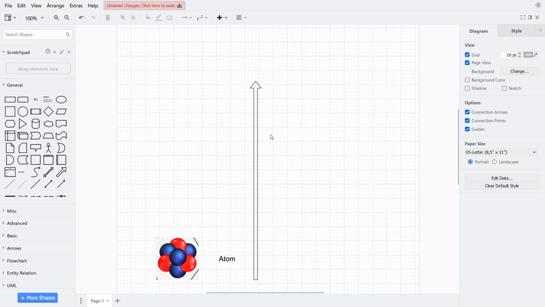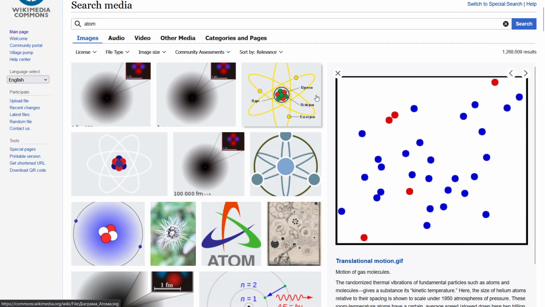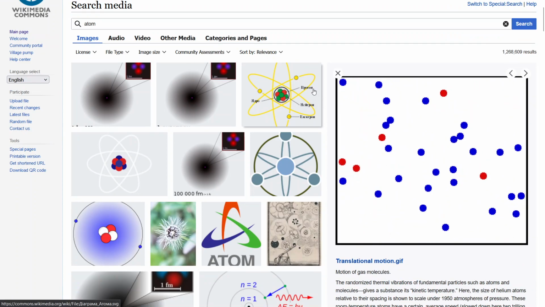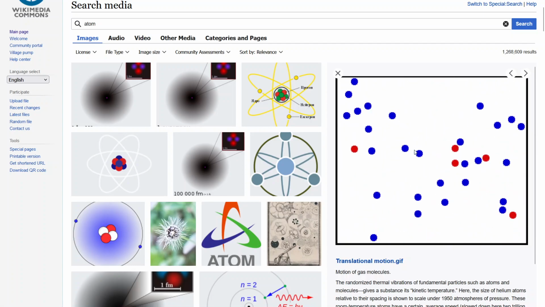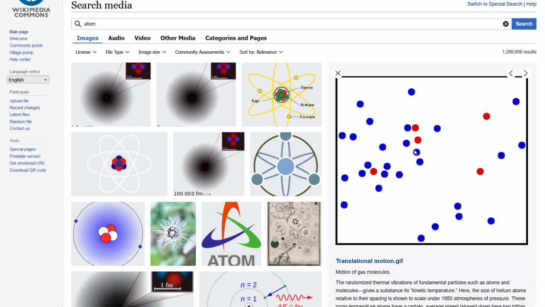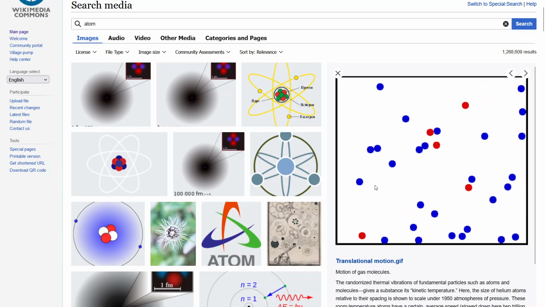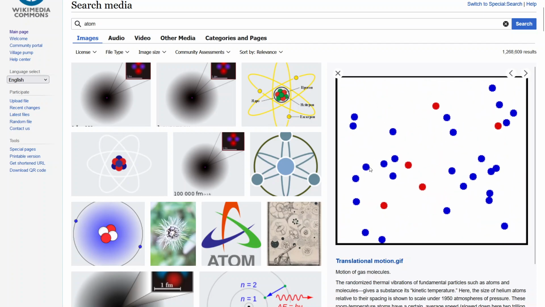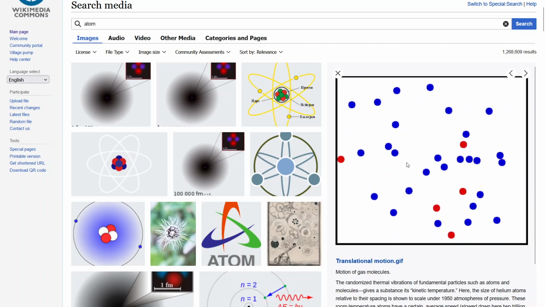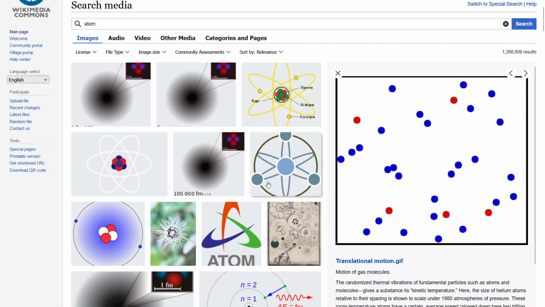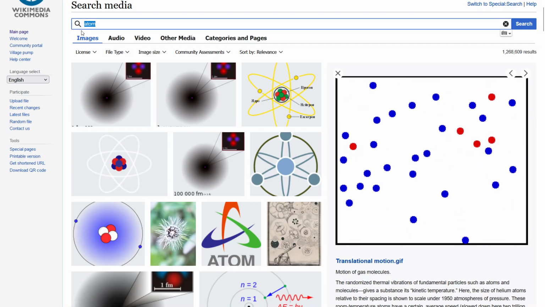What I wanted to show you is that it starts with one atom, but temperature and energy and stuff like that makes them move around, and sometimes they bond and form molecules. That's the next step.